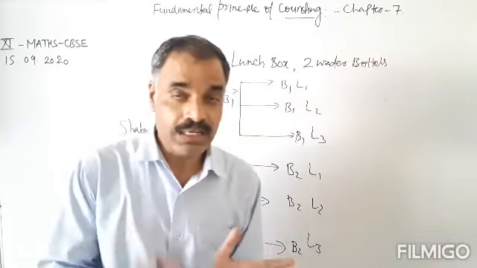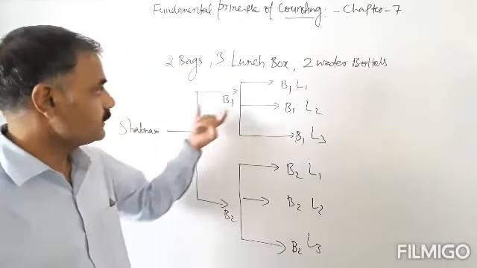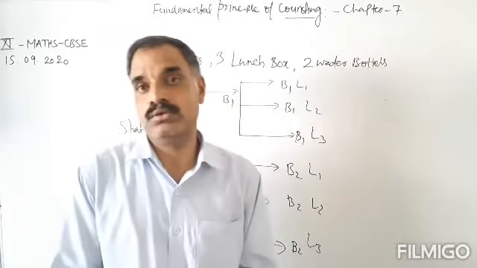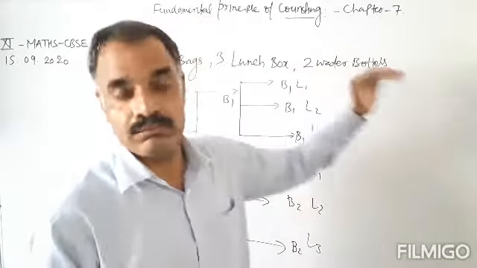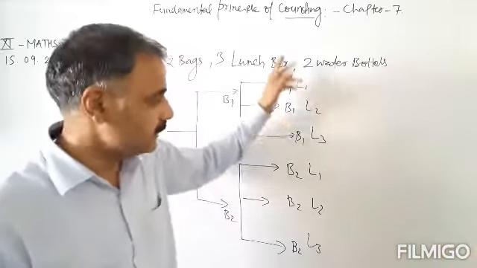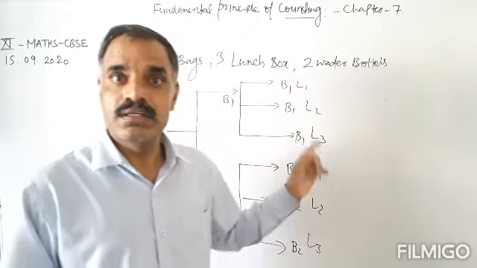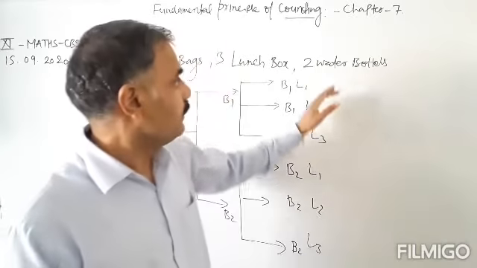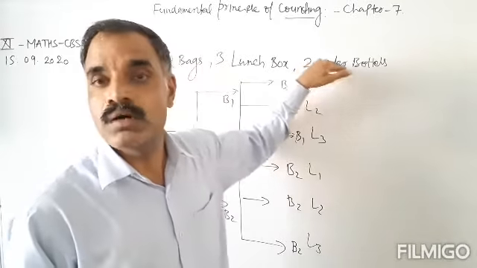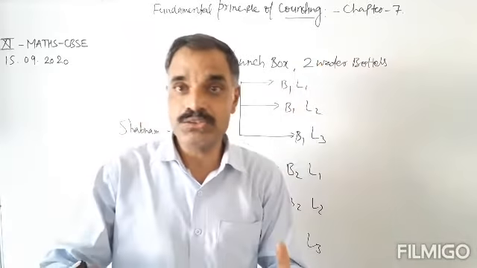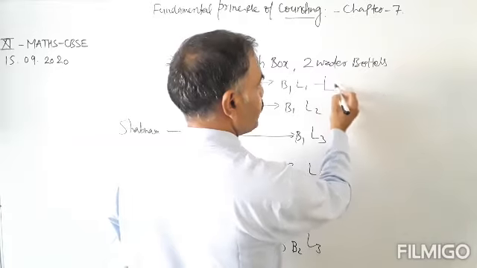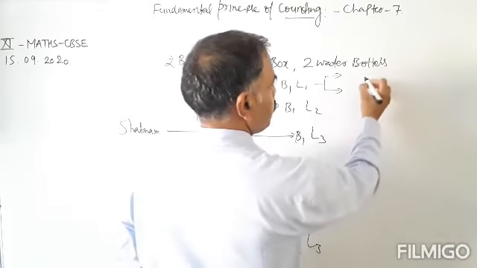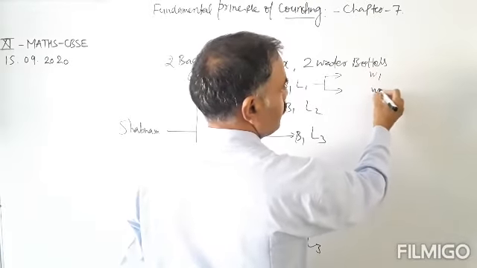So this is the arrangement of bag and lunch box. Now she also has 2 water bottles, so with each of these pairs she has a choice of 2 water bottles, W1 and W2.